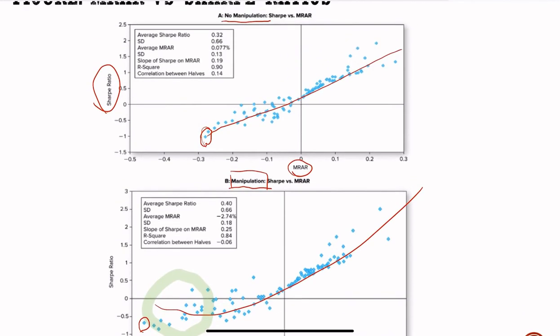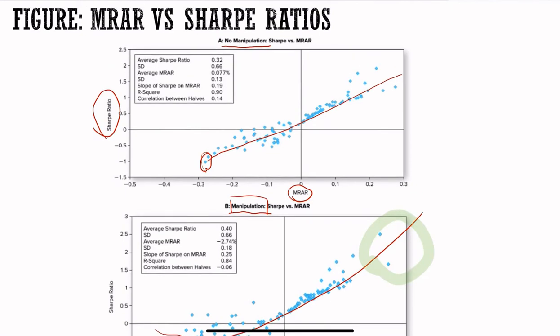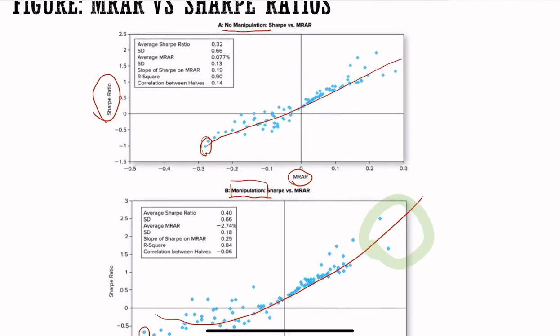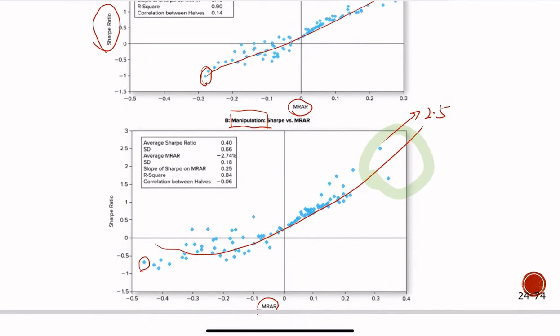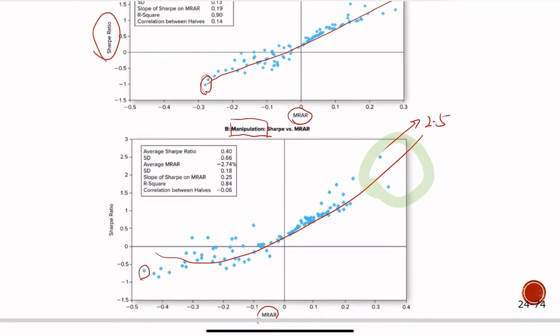And now if you look at the right side of the picture here, now what you can see here is the Sharpe ratio with manipulation, right? The highest number is about 2.5, and its Morningstar measure is about 0.3, right?